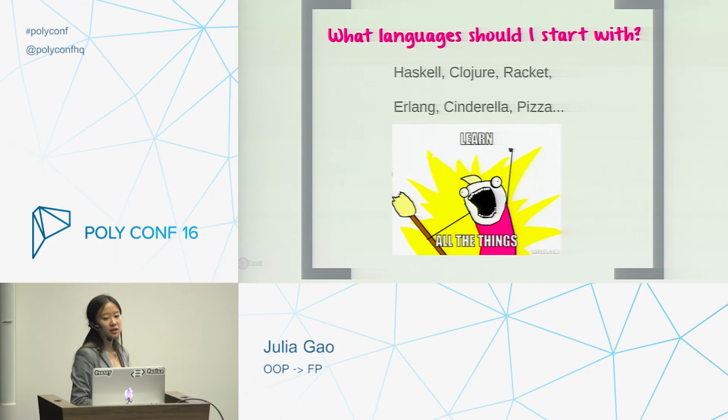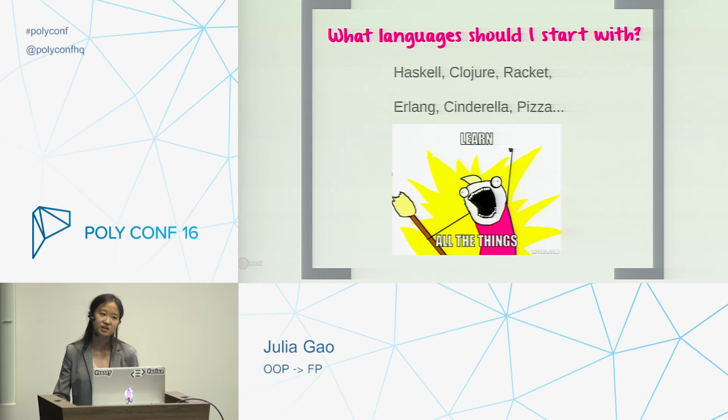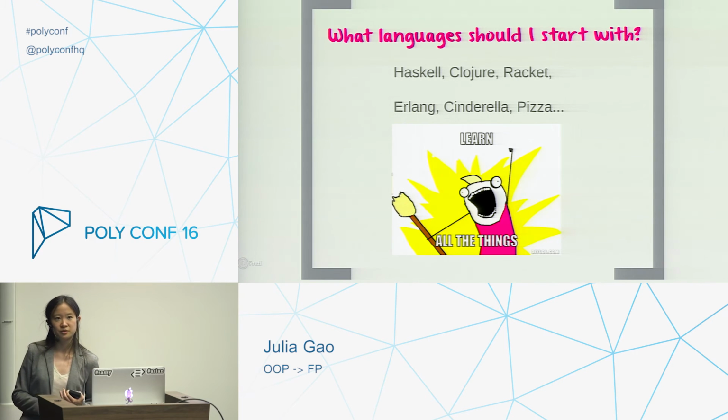Okay, so what languages should I start with? And that's a very fair question, because there's Haskell, there's Clojure, there's Racket, there's Erlang, there's Cinderella, there's Pizza, and the last one, or the last two, are true functional programming languages. So there's so many functional programming languages, and that's why people always have problems choosing one or two.